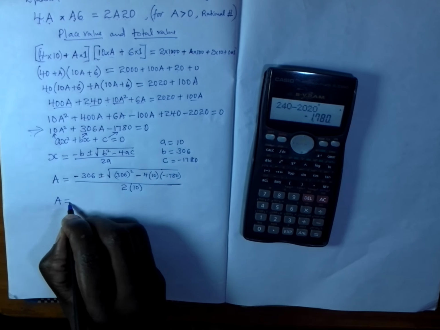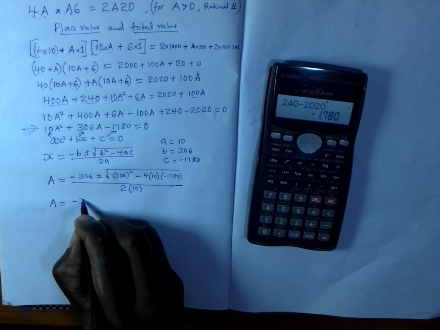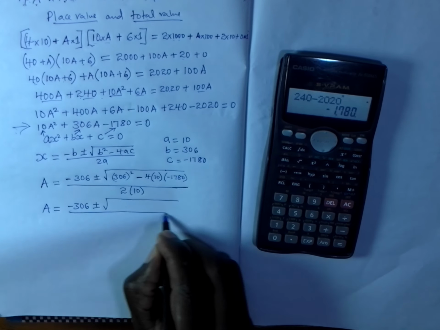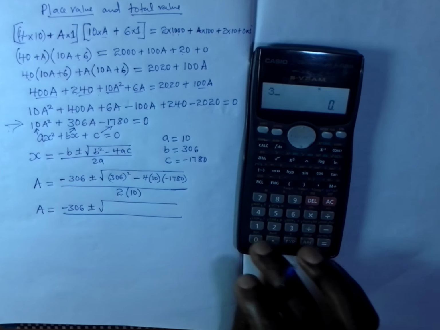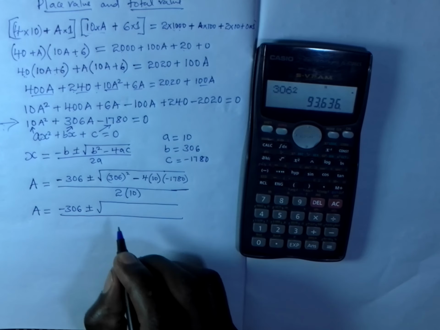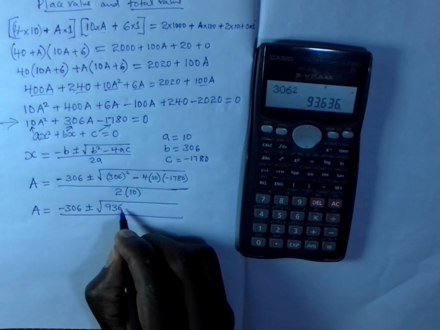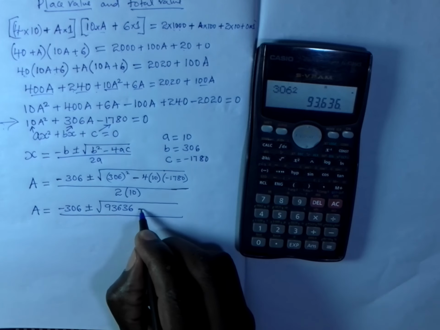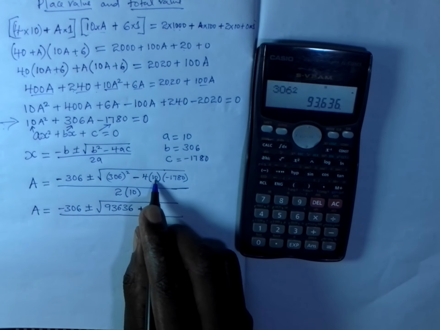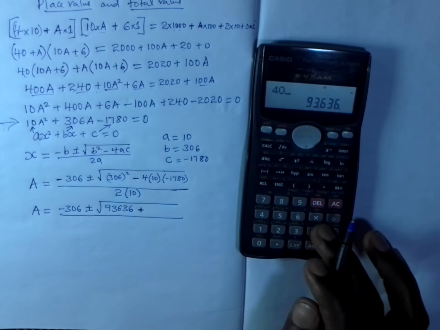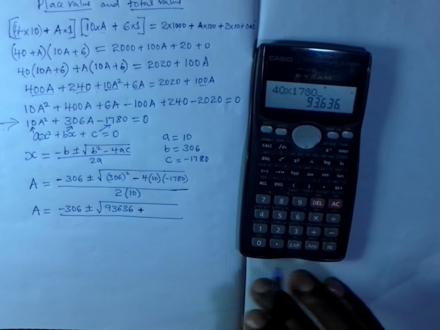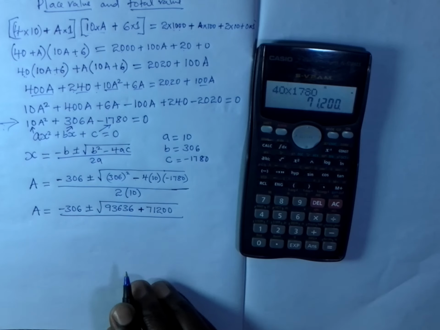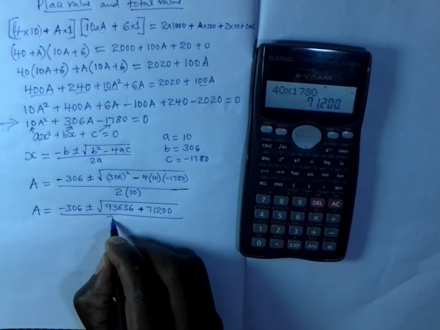So this will be equal to negative 306 plus or minus square root of 306 squared, we get 93,636, then minus minus, so we are going to have plus, 4 times 10, that is 40, then 40 times 1780, we have 71,200, all over 2 times 10, which is 20.